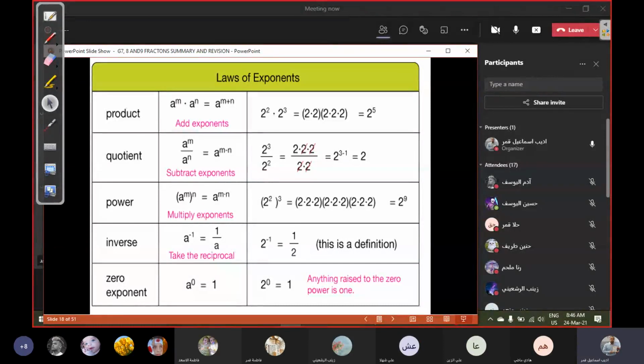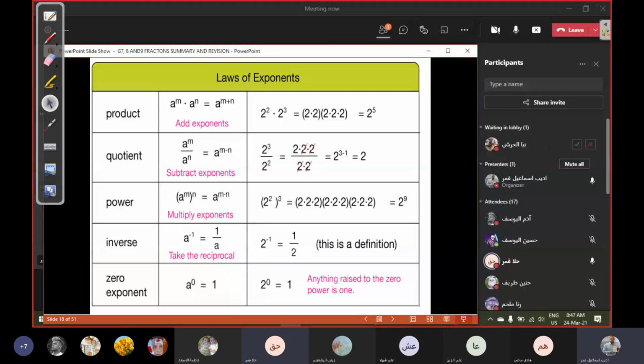The laws of exponents. Product: a^m times a^n equals a^(m+n). A to the power m times, and this dot means times, a to the power n equals a to the power m plus n.